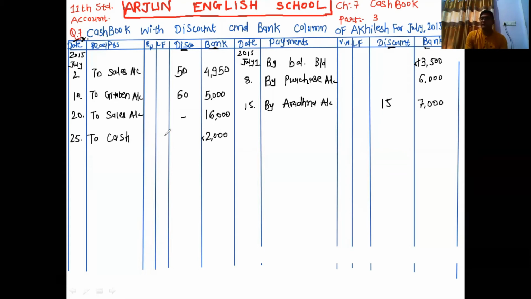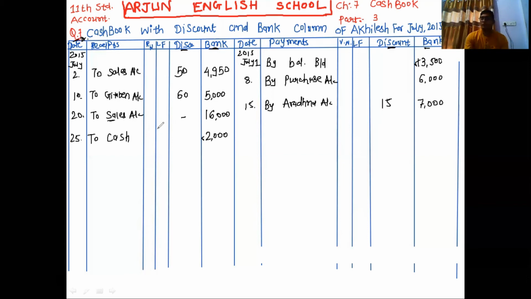Okay. Then after, check issued by Kajal is dishonored. Here in transaction number 20, we say we sold the goods. Kajal issued a check to us. We deposit that check into the bank.